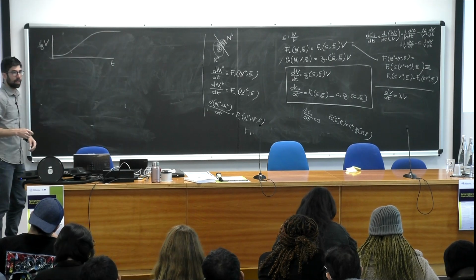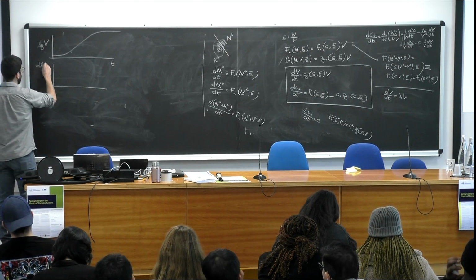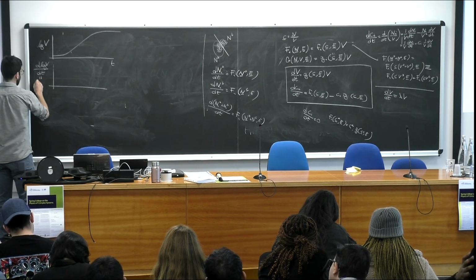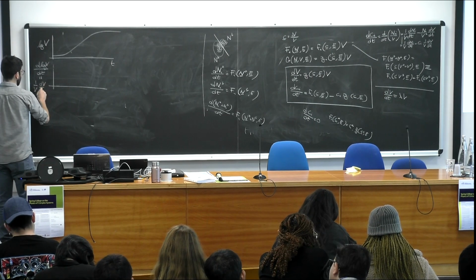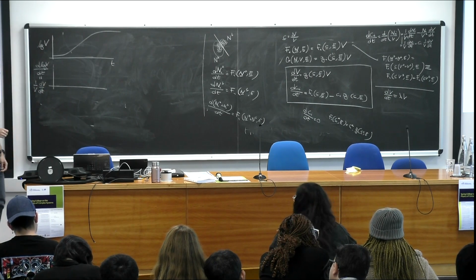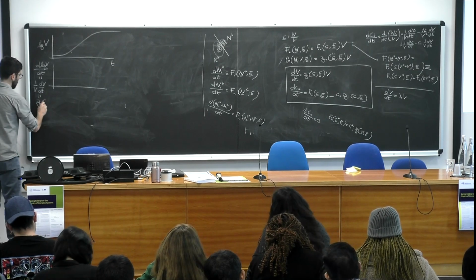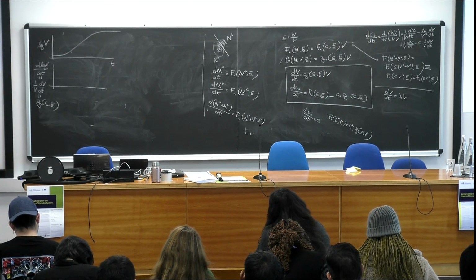If you plot d log V over dt, which is equal to 1 over V dV/dt, so the growth rate, which is equal to g of c of E, what would you see?